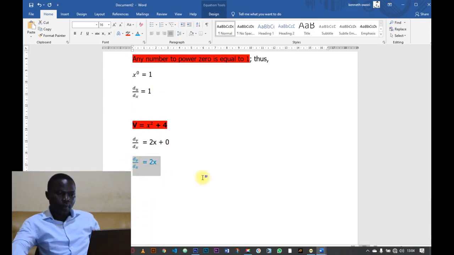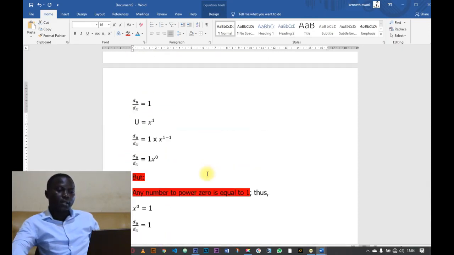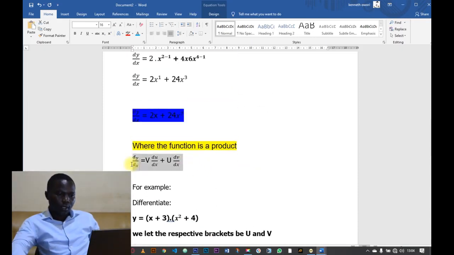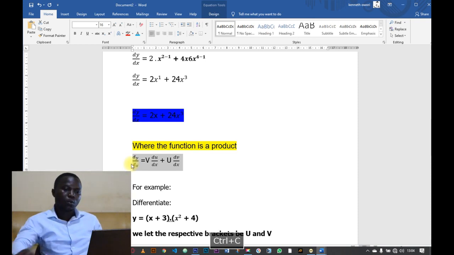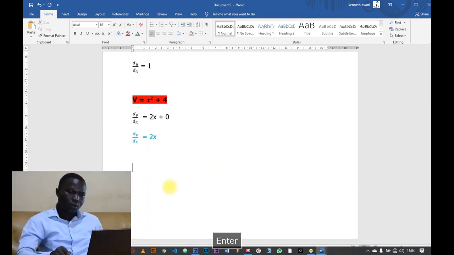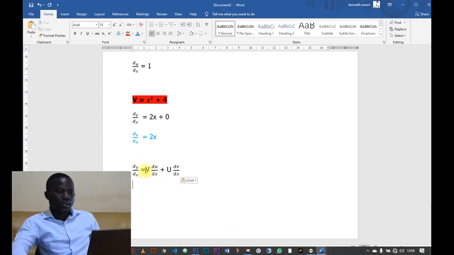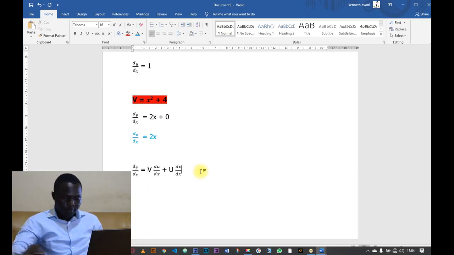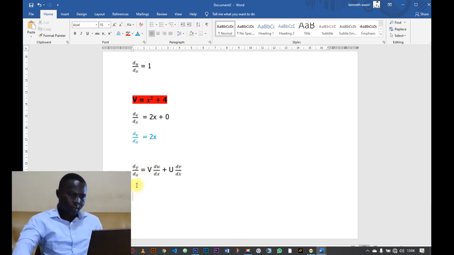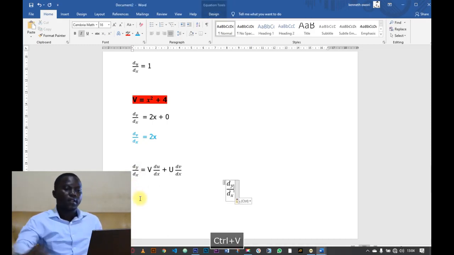So we now have u, we have v, we have du dx, we have dv dx as well. So we can find the dy dx with the template that we had already under the product rule. How are we going to get the dy dx? Dy dx equals v du dx, which v we know and which du dx we also know because we've already derived them.